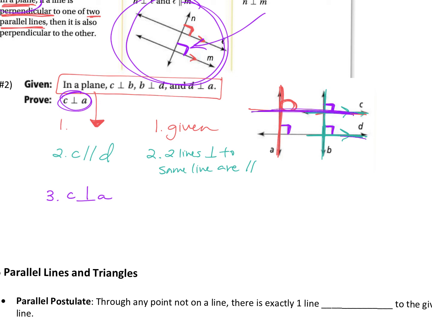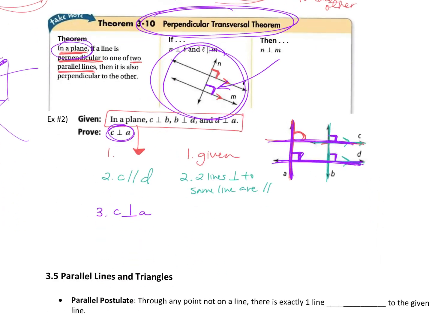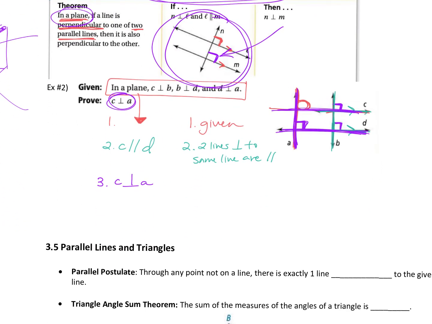These are parallel now, right? And these are perpendicular. So if you take the fact that they're parallel and perpendicular, that last theorem, which actually has a name, by the way, says if you have parallel lines and one set is perpendicular, then the other set has to be perpendicular too, right? So I know that C is perpendicular to A by the perpendicular transversal theorem.